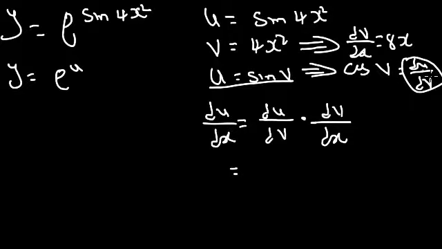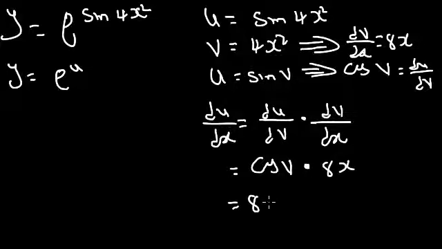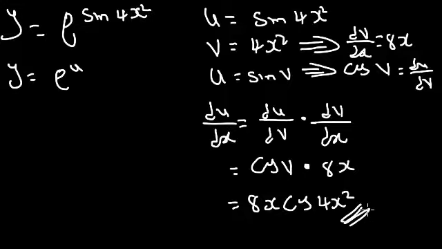It escaped my mind, so I didn't write the du/dv, but I write it now. So that clearly signifies that the du/dx is simply cosine v multiplied by the dv/dx. That's simply 8x. And so therefore our final answer would be 8x cosine v, remember, v is 4x squared. So that's simply cosine 4x squared. So that's our du/dx.